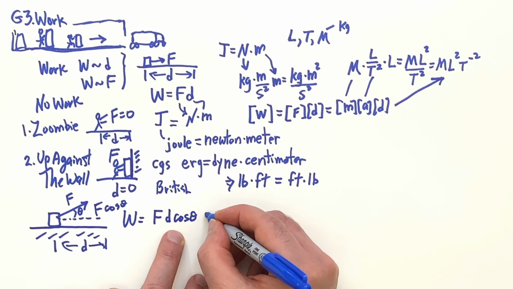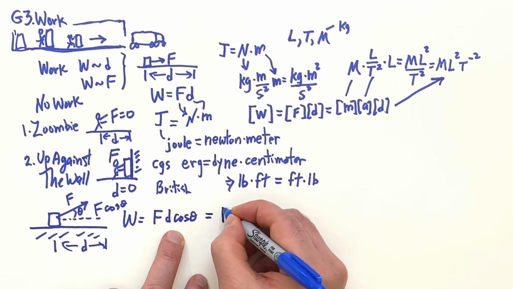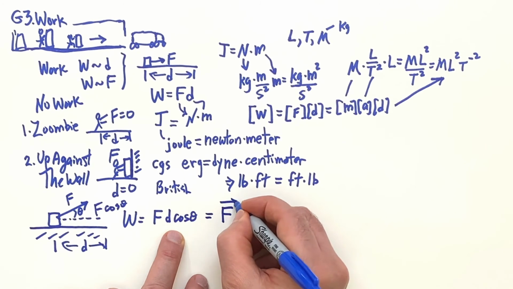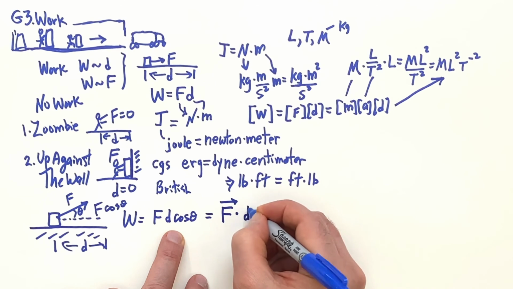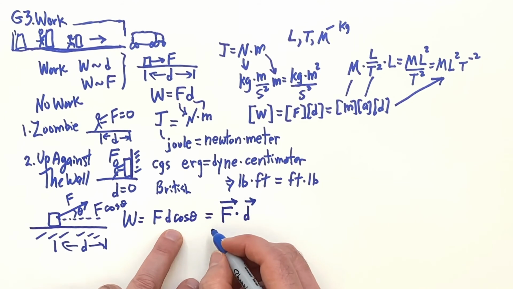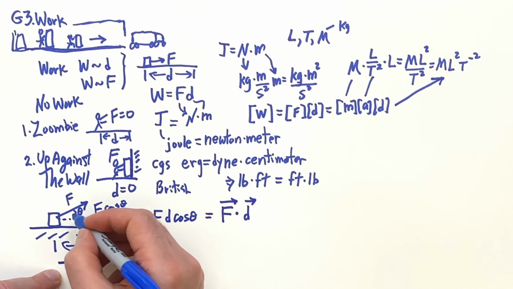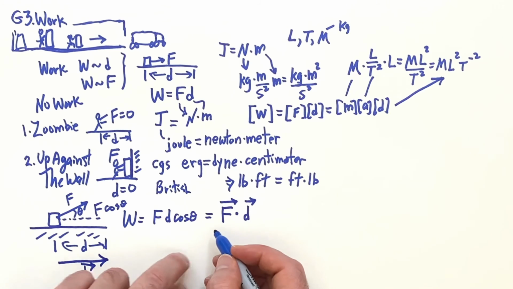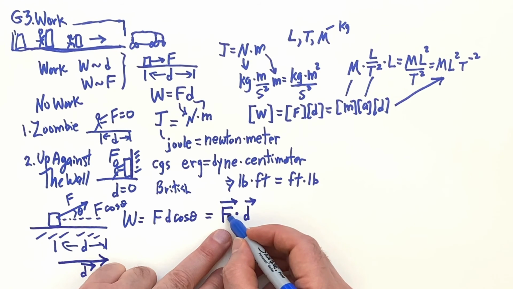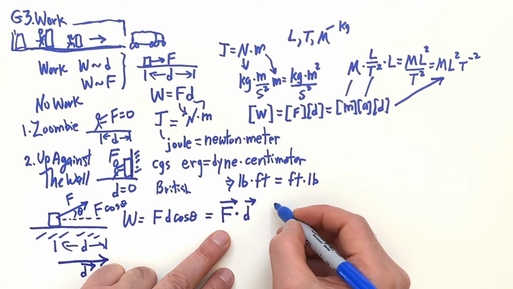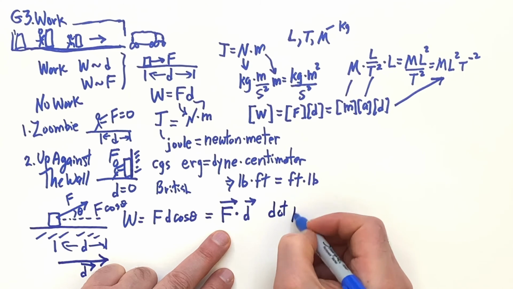So now this brings us to a formal mathematical manipulation called the dot product, where you take two vectors, because force is a vector and displacement is a vector. See, this is vector d to go from, let's say, starting point to the end point, and force is a vector. So what you do is you take the force vector dot d, this is the definition called the dot product.